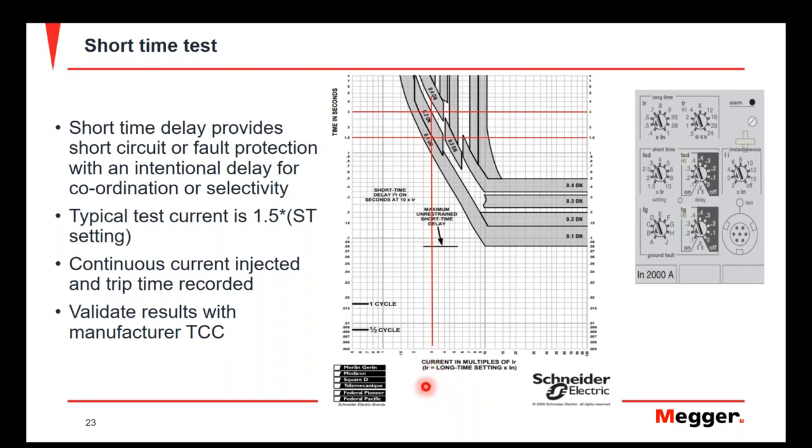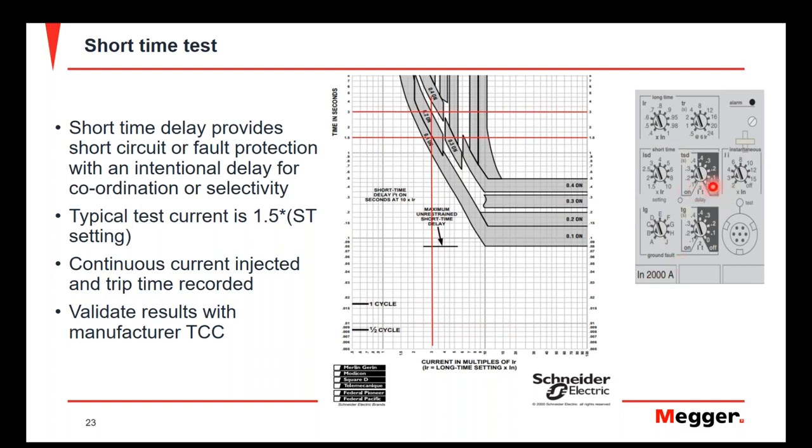And so because our 3000 amps that we're using for the test is off of multiples of long time, and like we said, our long time setting is 1000, then this is where we're going to evaluate our trip current level, and how we're going to evaluate the time that we need to validate those results.